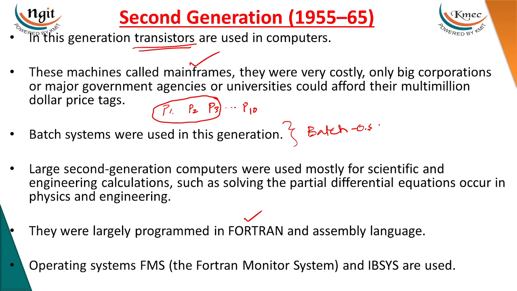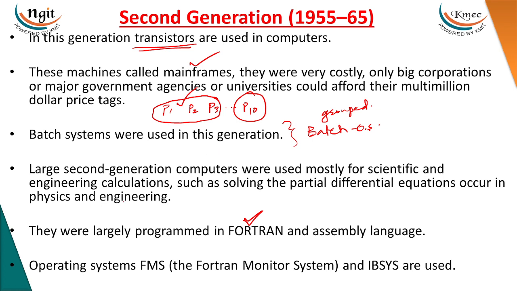The operating system has to load the Fortran compiler. Once you load it, all the programs related to Fortran are batched or grouped together, and the system executes this group of programs with the Fortran compiler. If there is any other language, that language's compiler will be loaded, and the programs will be executed corresponding to their compiler.